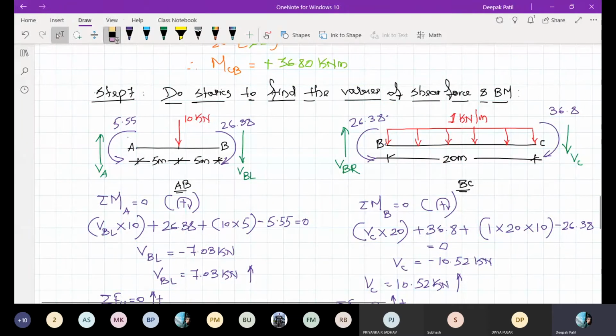I will not draw that diagram again. I will correct it here itself.